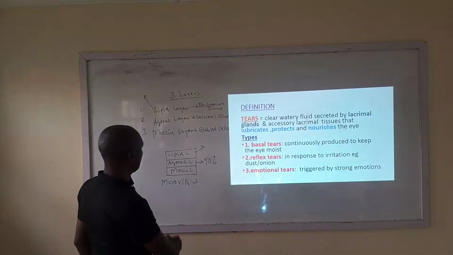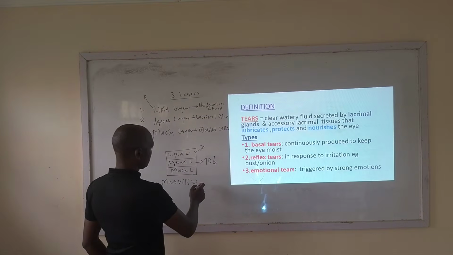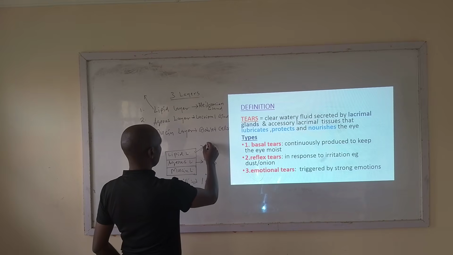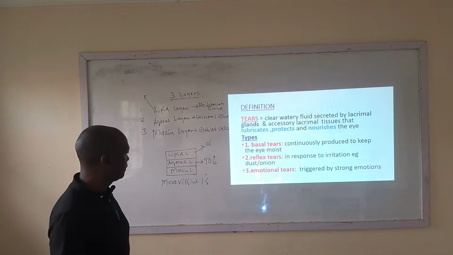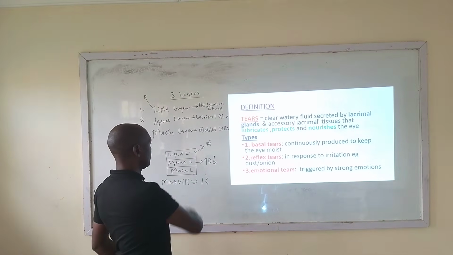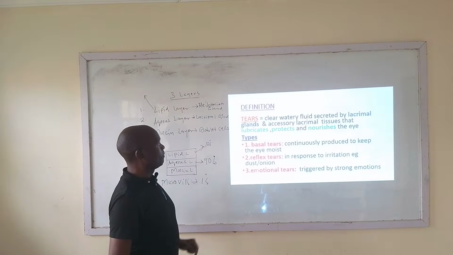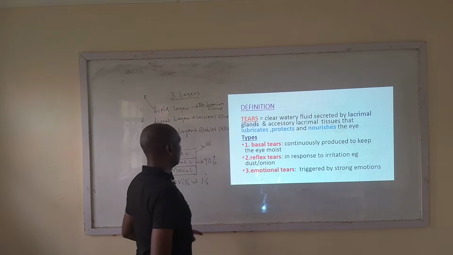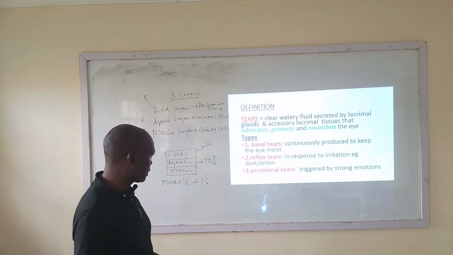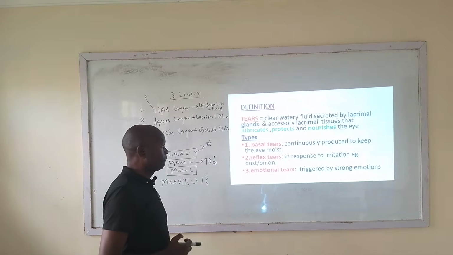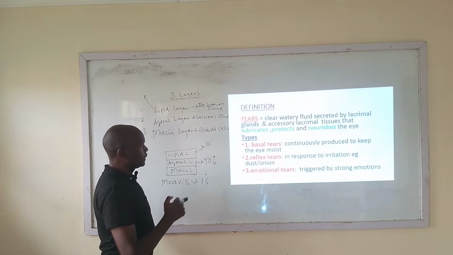And these other two produce very little. This one is about 1%, this one is about 10%. These are always ranges. But the aqueous layer, which is produced by lacrimal gland, takes the largest percentage, about 90%. And then we have types of tears.